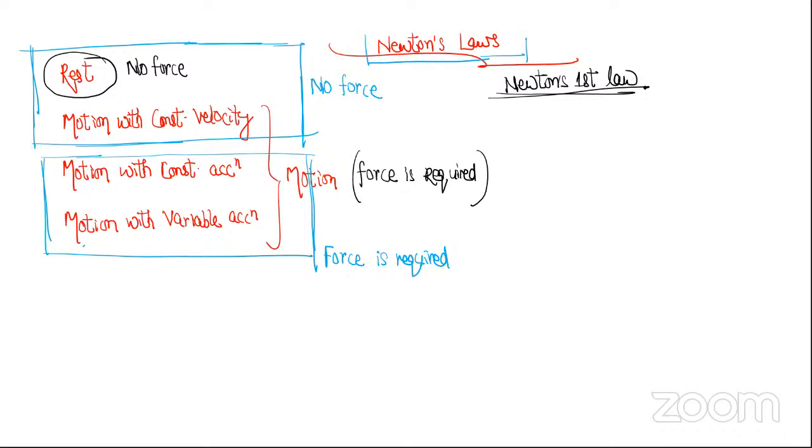When no force is acting on it, the body wants to continue its natural state of rest or uniform velocity motion. ये natural state है. When no force is acting, the body can either stay at rest or continue to move with uniform velocity. There won't be any acceleration. This is the natural state. So Newton's first law talks about this.